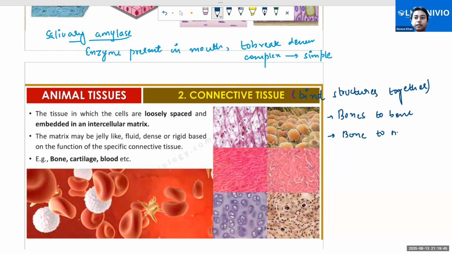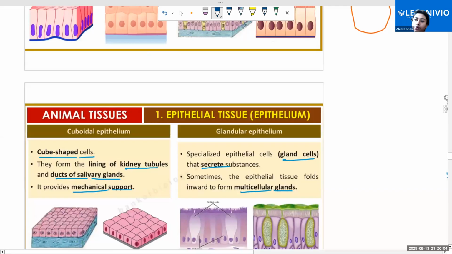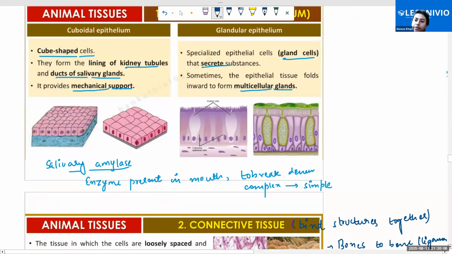Bone to muscles. Okay, bone to bone are connected by which structures?